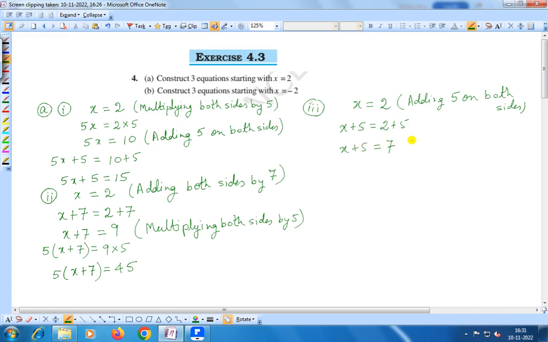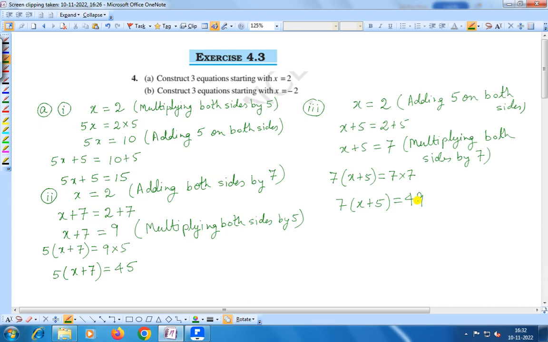Multiplying both sides by 7, we get 7 into x plus 5 is equal to 7 into 7, or 7 into x plus 5 is equal to 49. This is the three equations of question number A, that is we are starting with x equal to 2.